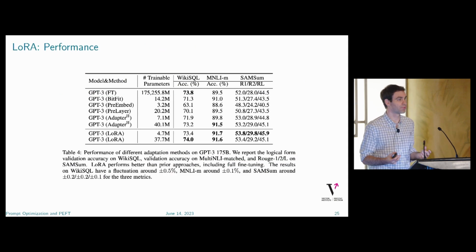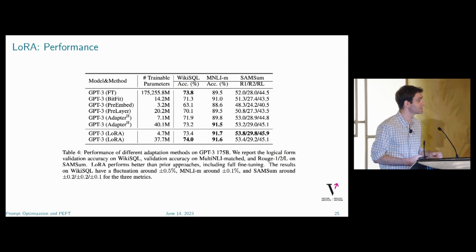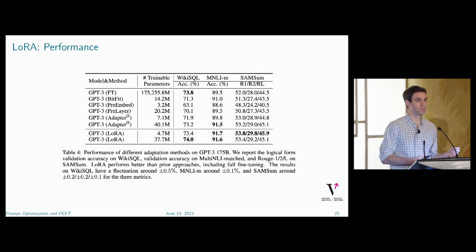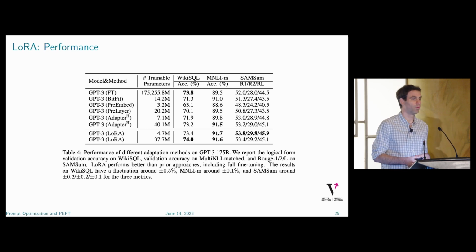So for GPT-3, 175 billion parameters, LoRA at the bottom there, when R is equal to 1, you're only updating 4.7 million parameters. So at least 2 orders of magnitude better in terms of efficiency. If you move up to a rank, I think, of 8, while tuning the Q and V values specifically, you get around 40 million parameters.